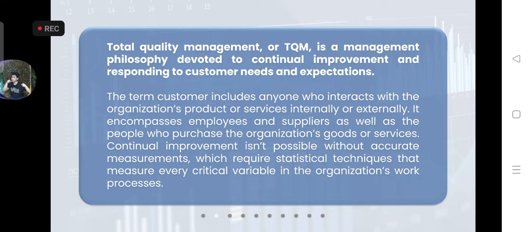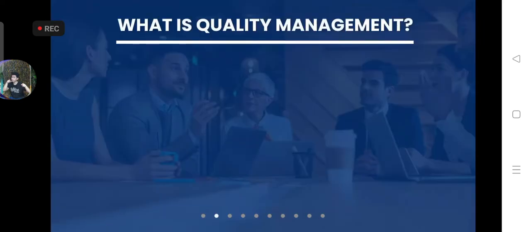It encompasses employees and suppliers, as well as the people who purchase the organization's goods or services. Continual improvement isn't possible without accurate measurements, which requires statistical techniques that measure every critical variable in the organization's work processes. So, how do we define quality management?